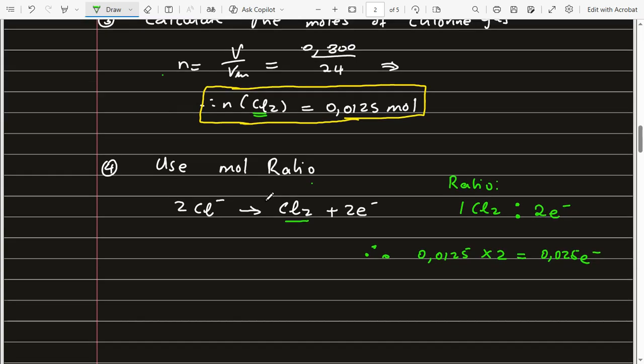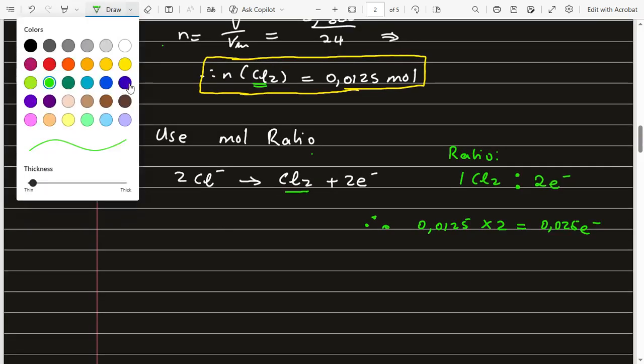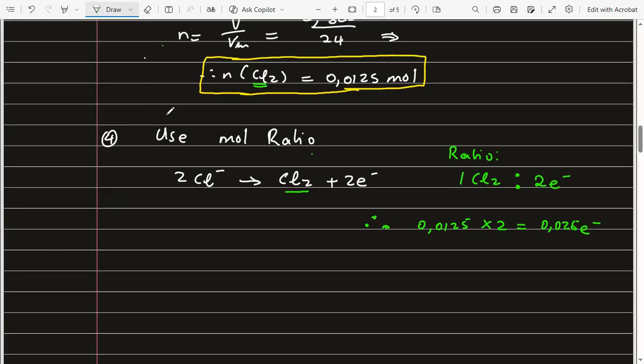So I'm going to use the information that I have now to go to step 5, where I'll be calculating the number of electrons.